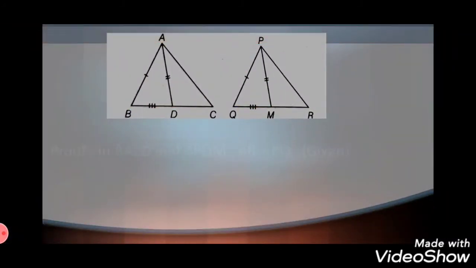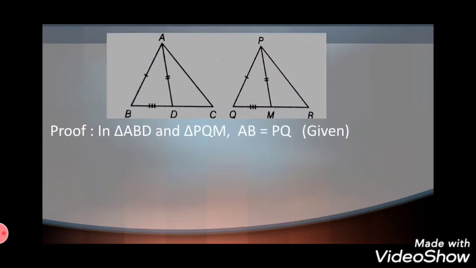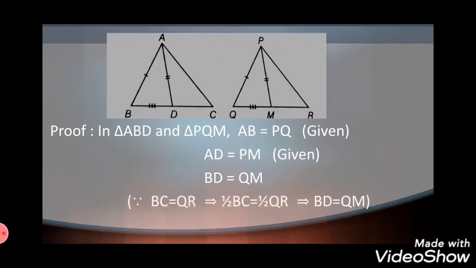For proof, in triangle ABD and triangle PQM, AB equal to PQ, that is already given. AD equal to PM, that is also given, that both the medians are equal. Now BD equal to QM. How is BD equal to QM? It is already given that another side BC equal to QR.